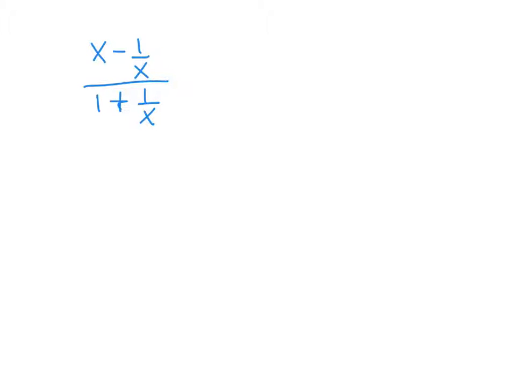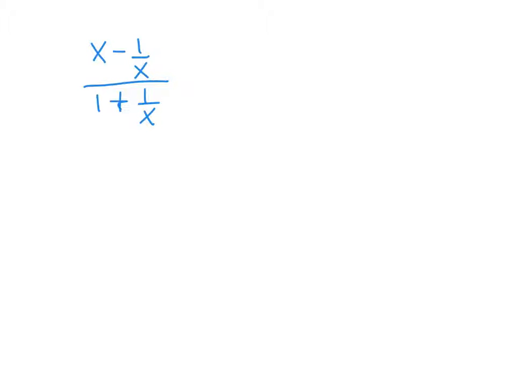It's basically the same principle. What you're going to do is deal with the common denominator from top and bottom. In the numerator, these fractions have a denominator of x, this guy has a 1, and in the denominator, the lowest common denominator is also an x, right? This one has a 1.